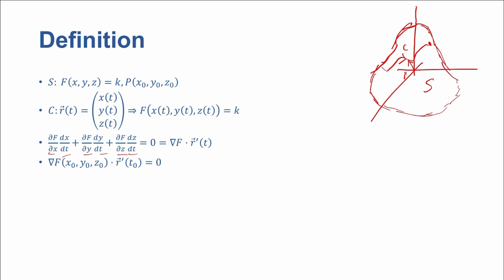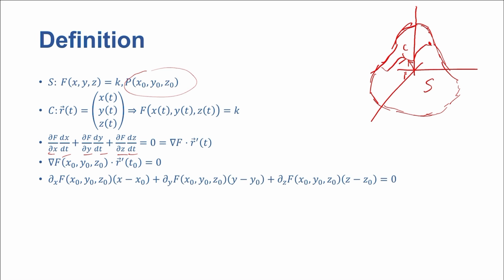Okay, so now we are going to put this in the context of our naught points so that we can actually use this. And that says that the gradient of f at x naught, y naught, and z naught dotted with r prime of t naught is equal to 0. Now we can further rewrite this and apply this to our equations for a plane that we've determined back in earlier videos in Unit 1.